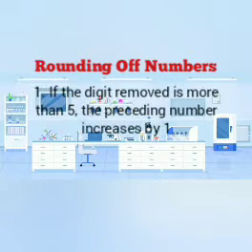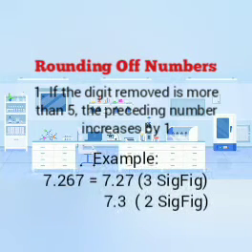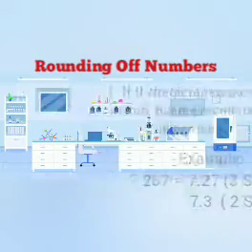The first rule: if the digit removed is more than 5, the preceding number increases by 1. Example: 7.267 becomes 7.27 if you need 3 significant figures, and becomes 7.3 if you need 2 significant figures.